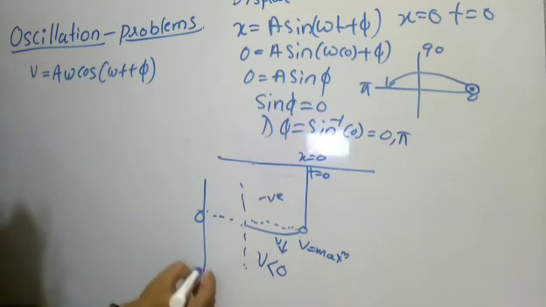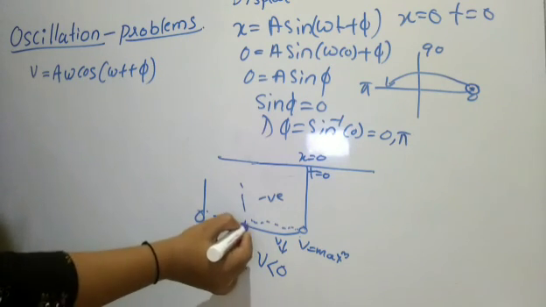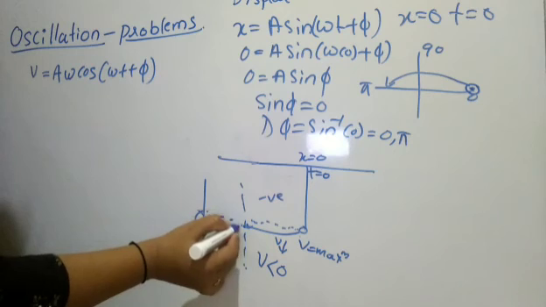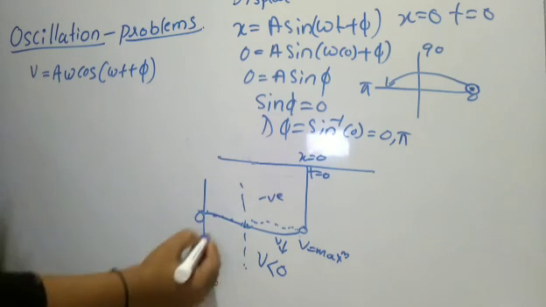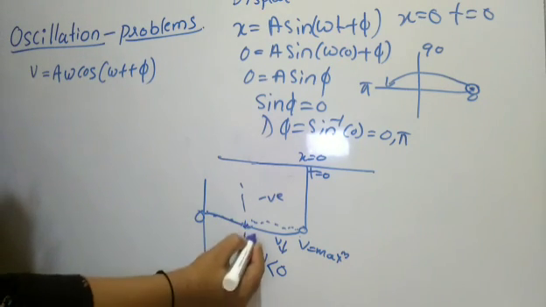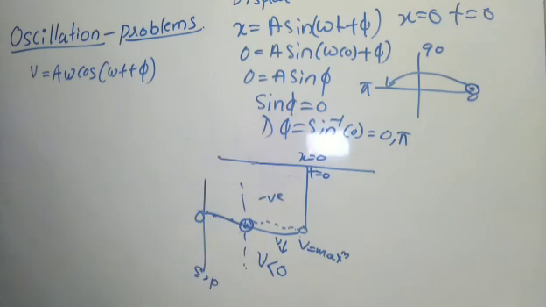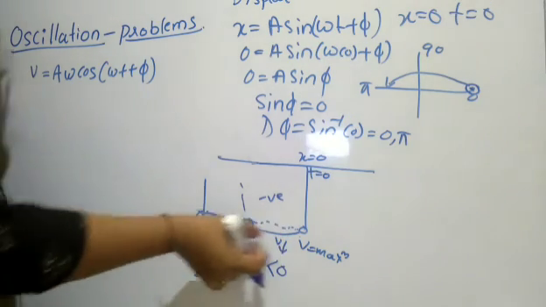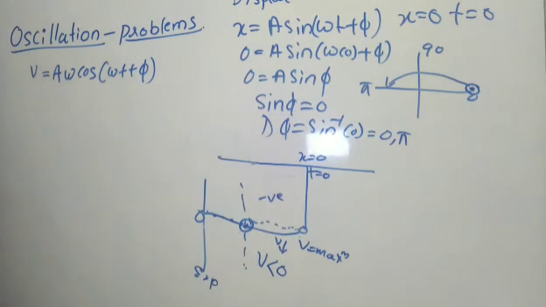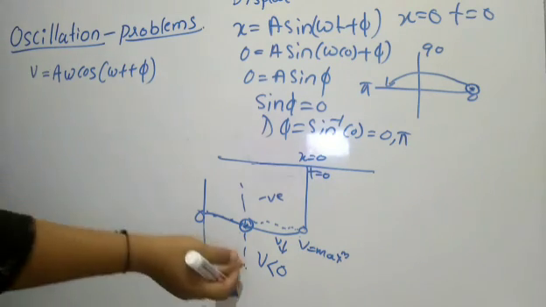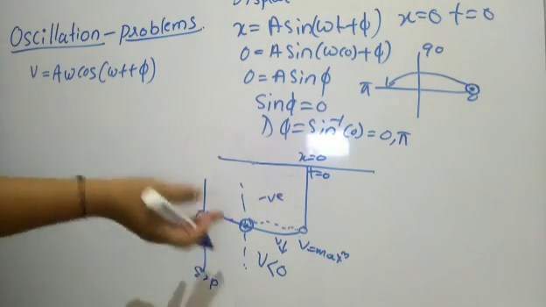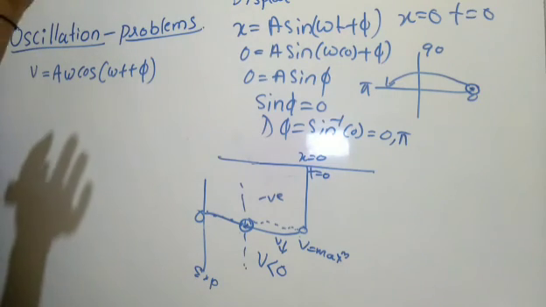It has only moved up to a certain negative direction, executing simple harmonic motion. So velocity here is less than 0.